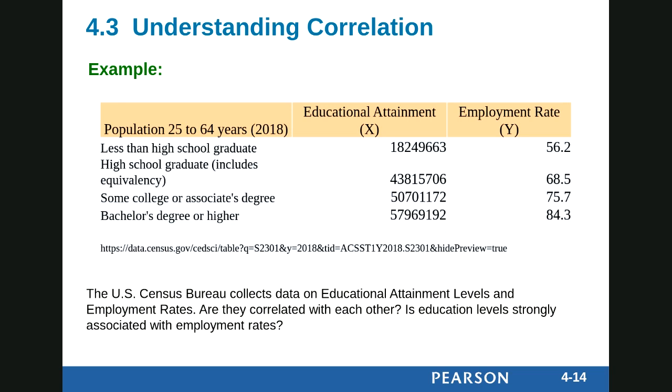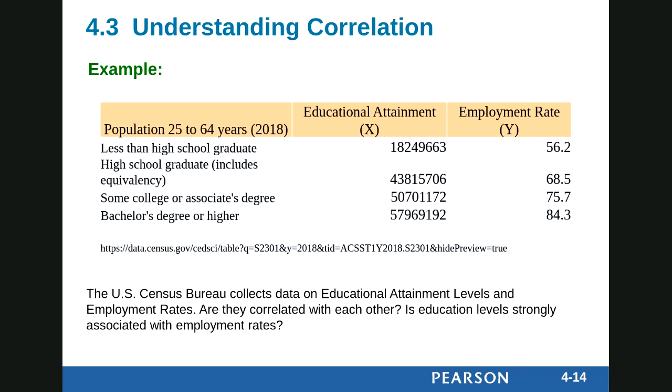The number of individuals in the United States in 2018 who had less than a high school diploma between the ages of 25 and 64 years was 18,249,663.